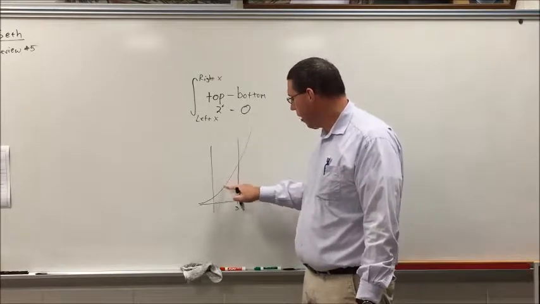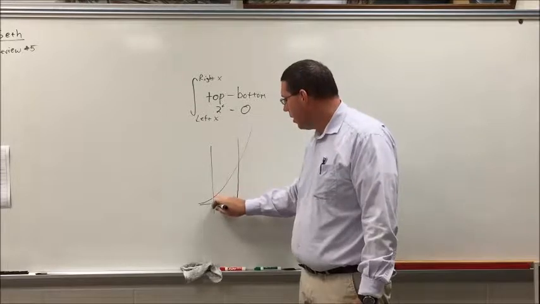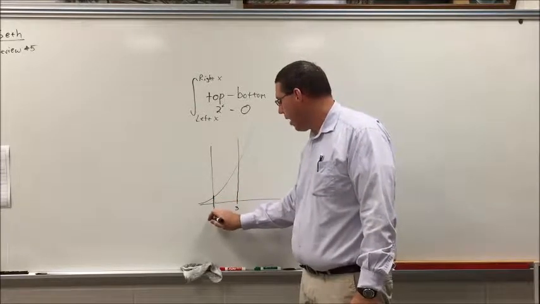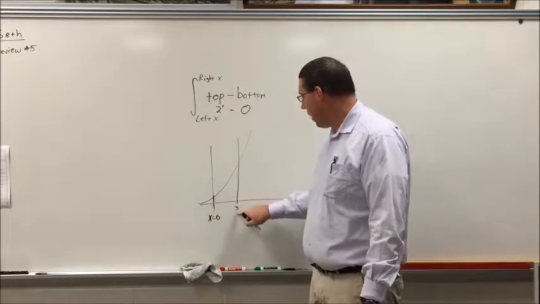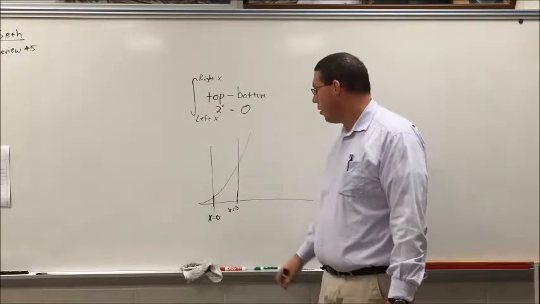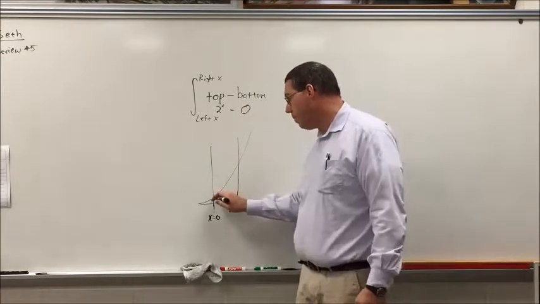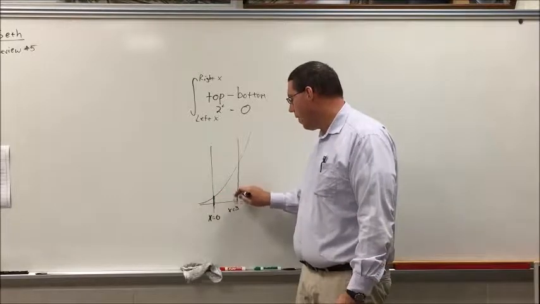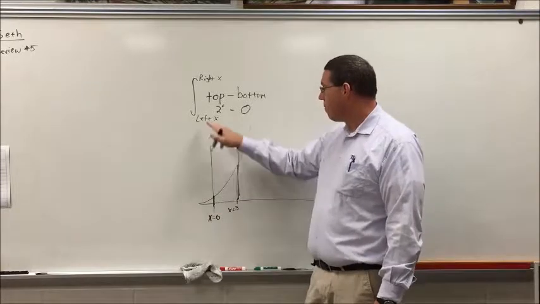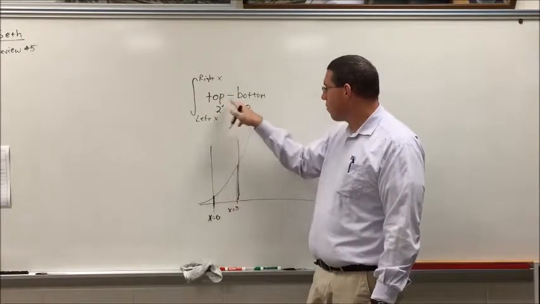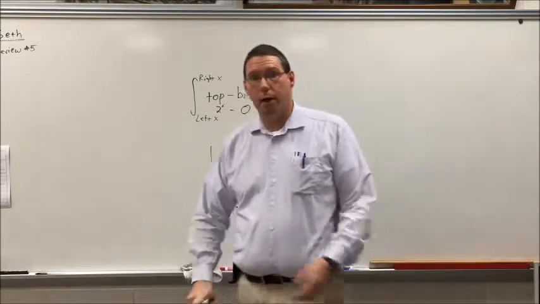So that's top minus bottom, and the left x value of this region is the y-axis, which is x equals 0. And then the right bound is x equals 3. So it's not always an intersection point. It could be some vertical line, and those are the x value bounds. So in this case, you're going to integrate from 0 to 3, 2 to the x power minus 0, which means just 2 to the x power dx, and that gives you the area of the region.